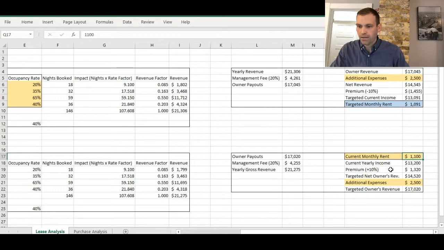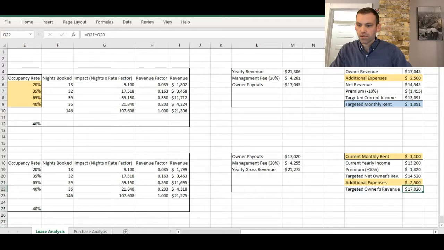I like to add a little 10% bump, because we want to be able to make more money doing short-term rental than what we're currently getting. And we've got to add in some money for additional expenses that the landlord's going to be on the hook for, that typically a tenant would pay for otherwise, like the gas and electric and the internet.